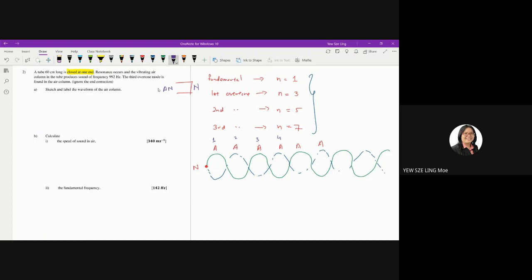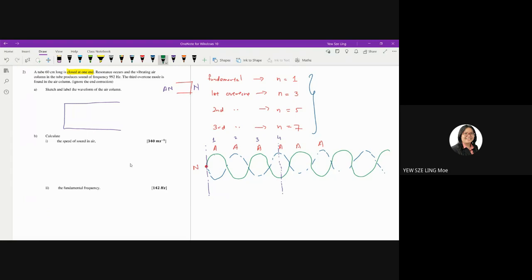Okay, and then according to the characteristics of the closed-end air column, the wave should end as an antinode, which means here would be the cutting line. Here would be the ending for my wave. So I'm going to crop this part out and then put it in my closed-end pipe here. So this is my closed-end pipe. I'm going to sketch a diagram like the one on the right-hand side.